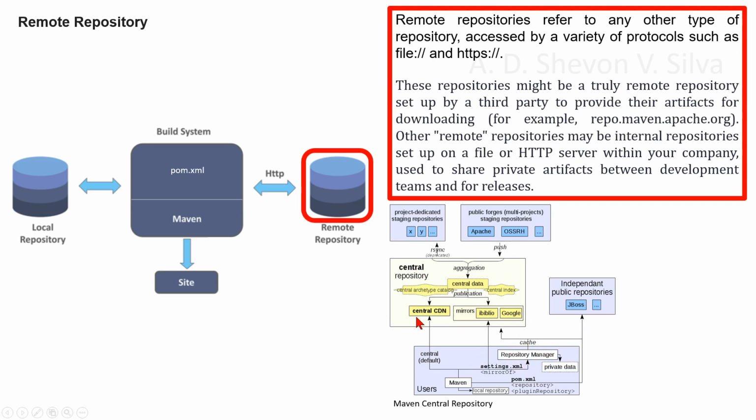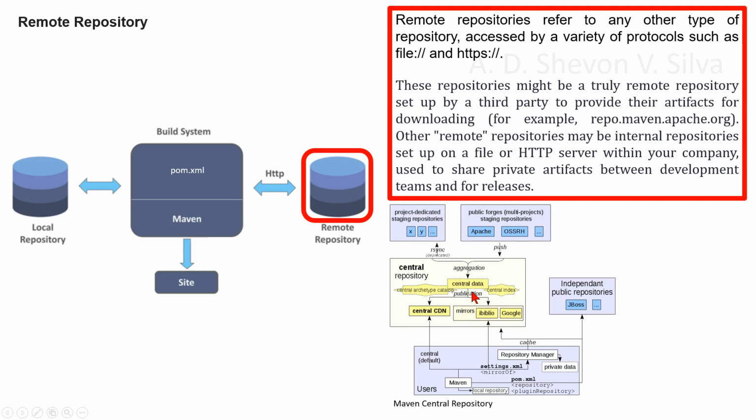In the central repository here, aggregation is passed to central data, and central data is connected to central CDN and mirrors.